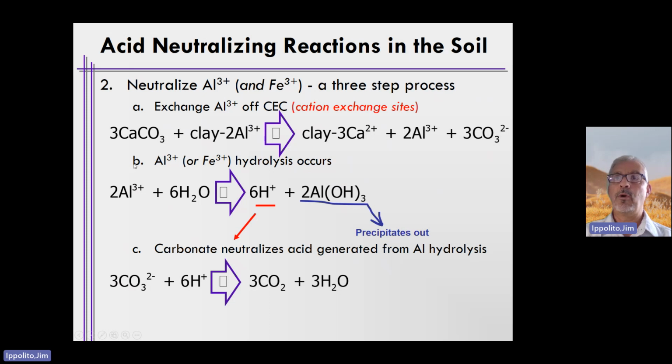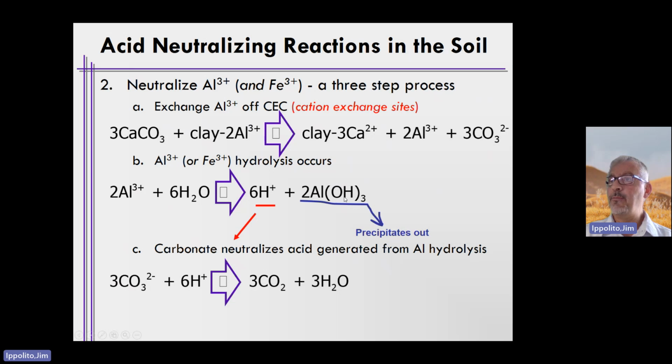Step number 2, or letter B, aluminum, and if you were to kick iron off the exchange sites, undergoes hydrolysis, the splitting of water. And when this occurs, aluminum reacts with water, and in this case, well, it typically forms 3 free hydrogen ions, but there's 2 aluminum, so in this case, it's forming 6.